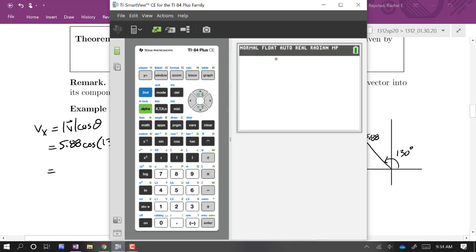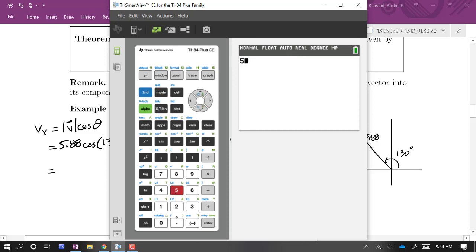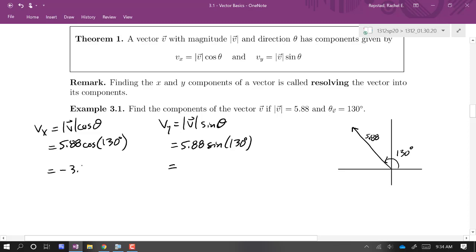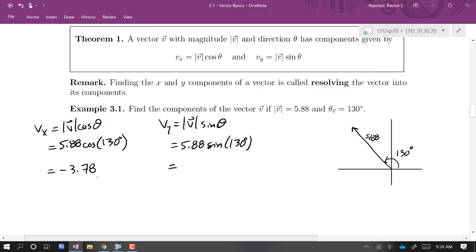I'm in radian mode right now, so I'm going to switch to degree mode. So I got negative 3.78. And 5.88 times sine of 130, positive 4.50.